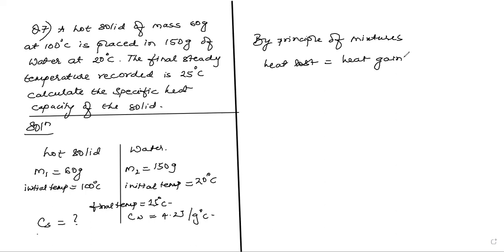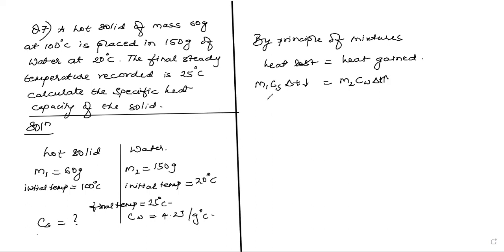So M1 into specific heat capacity of the solid into delta T, that is the fall in temperature, is equal to M2 into specific heat capacity of water into the rise in temperature.